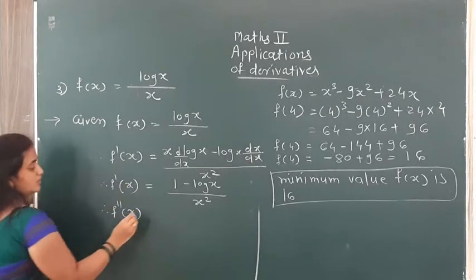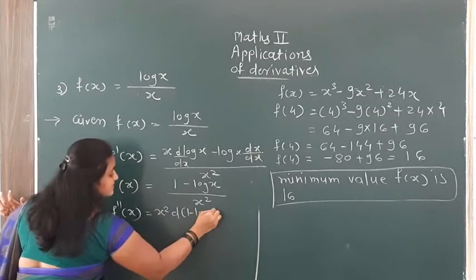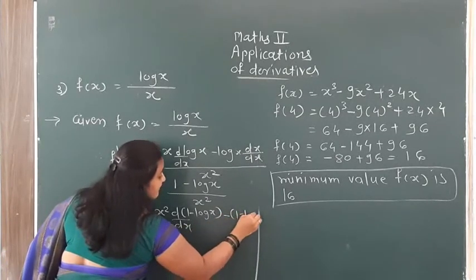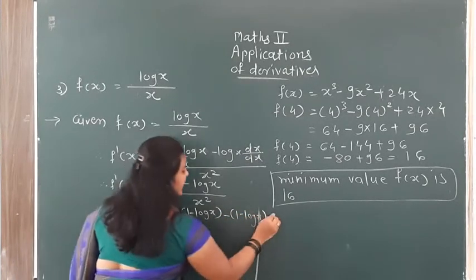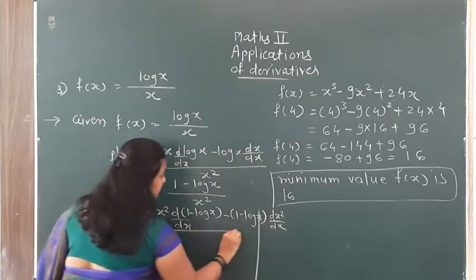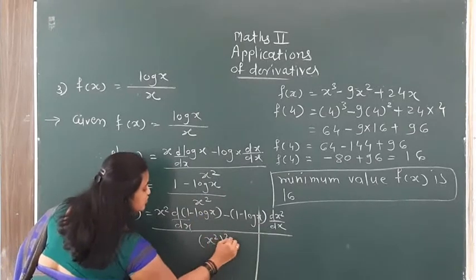Same procedure. x square times the derivative of 1 minus log x with respect to x, minus 1 minus log x times the derivative of x square with respect to x, divided by x square whole square. Simplify.